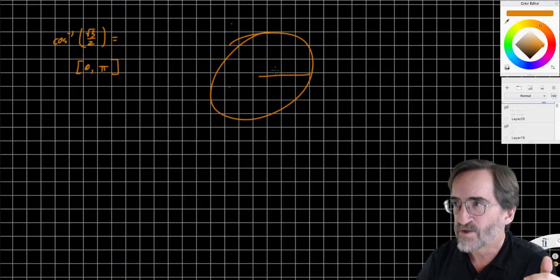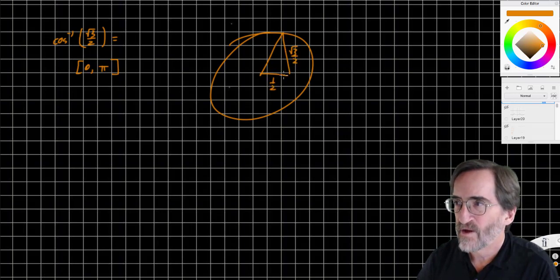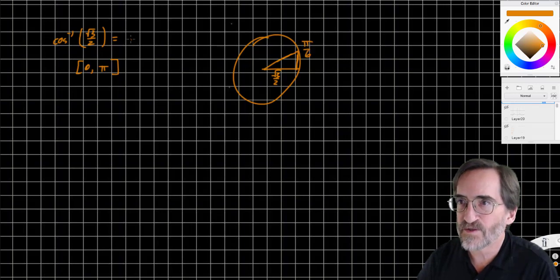Root 3 over 2 corresponds with the height of a 30, 60, 90 triangle, where this is 1/2. And actually cosine is the width. So it would correspond like this, root 3 over 2. So that happens at pi over 6. So arc cosine of root 3 over 2 is pi over 6.